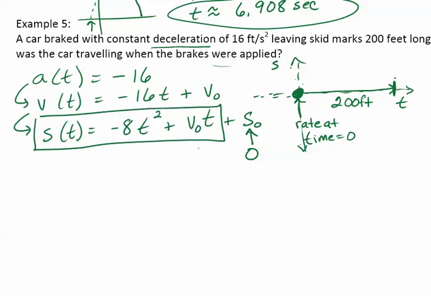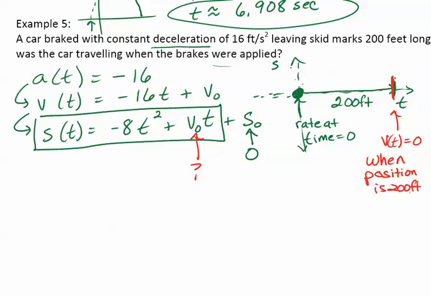And now the problem here is that we've got to find out our other value. So now let's think what we can do to find this. Our remaining problem is our initial velocity. We want to replace that with a constant. So what do we actually know? Well, we know that when the car stops here, the velocity is equal to 0 when the position of the car is 200 feet.